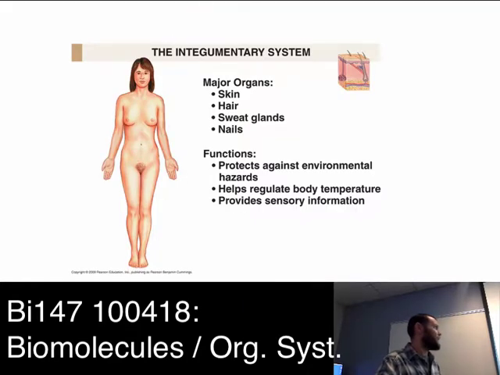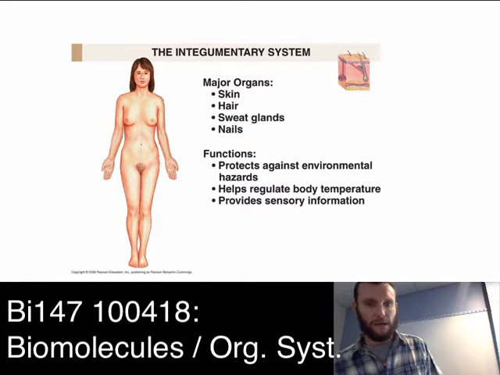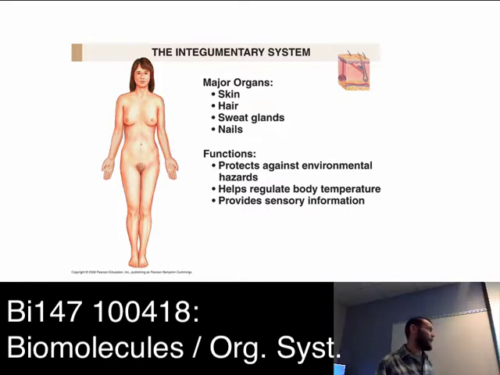First is the integumentary system. So the integument, that's the skin that covers our body. Included in this is the hair and the sweat glands of our body, our nails. The majority of the skin is there to protect us against what can be hazardous in the outside world, and to regulate our body temperature as well.